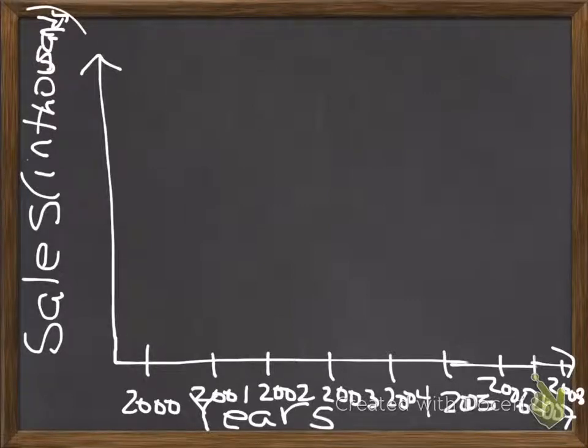So I would say we could just go up by ones. And maybe go all the way up to 14.